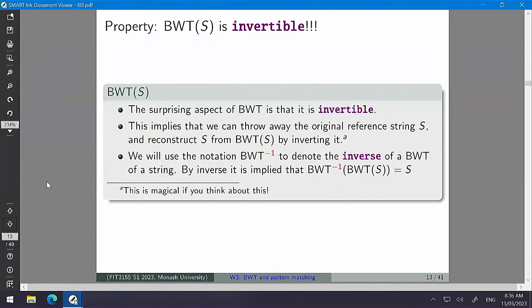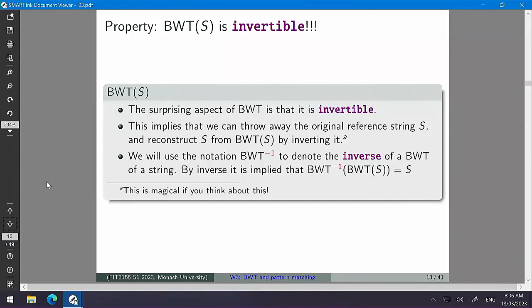Now think about these functions on strings. Take the input string, let's call it s. You transform that string into a Burrows-Wheeler transform, like applying a function that transforms it. And then remarkably, you could invert that to get back the original one without even needing the original string. You can throw away the original string and still invert it.